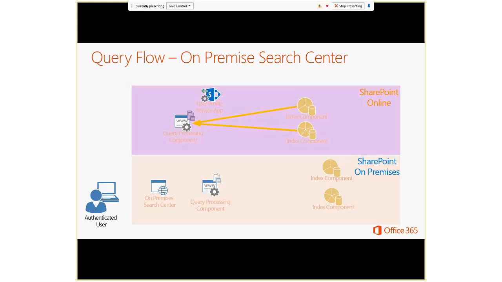Then it's returned back to the query processing component, and eventually the user gets to see the results in two separate blocks, as I was showing you in the user experience a minute back.